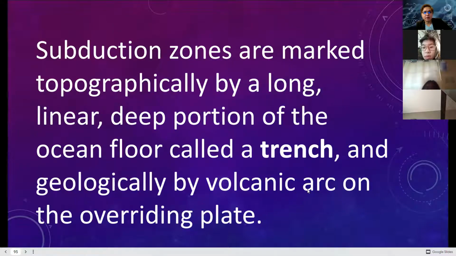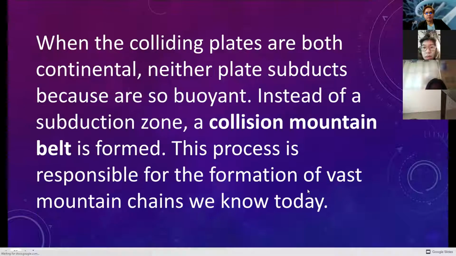Subduction zones are marked topographically by a long, linear, deep portion of the ocean floor called a trench, hence your Marianas Trench, and geologically by a volcanic arc on the overriding plate, right? When the colliding plates are both continental, neither plate subducts because they are so buoyant, okay?